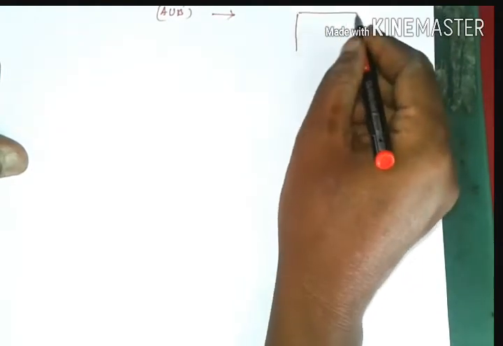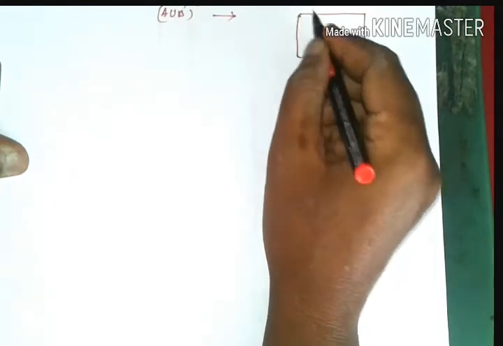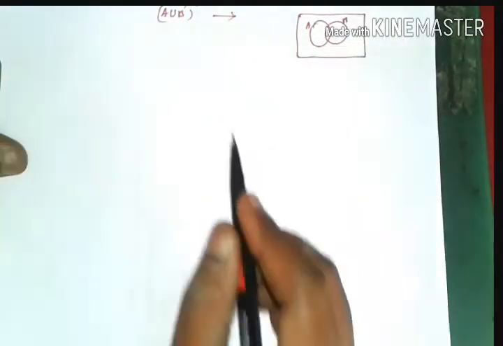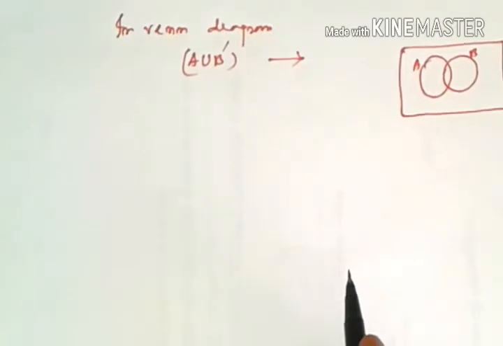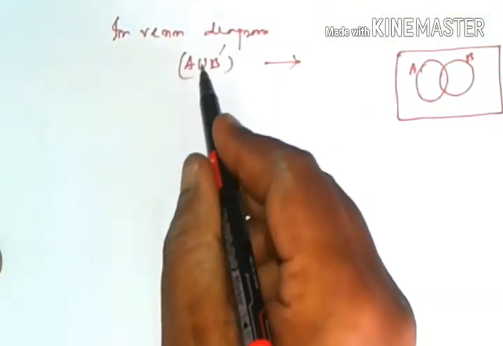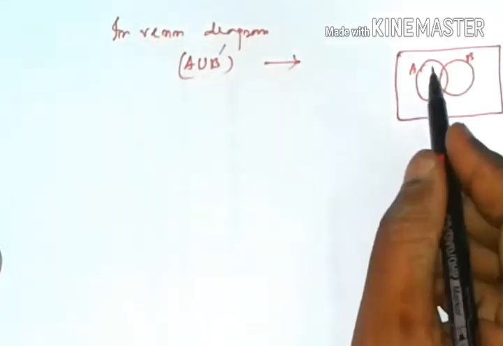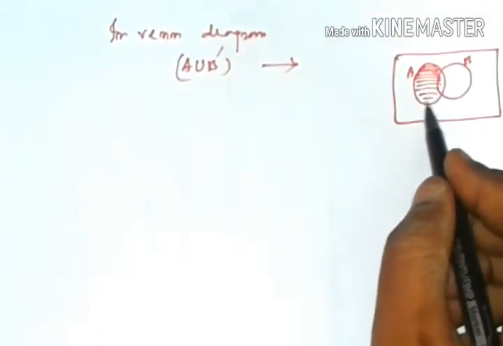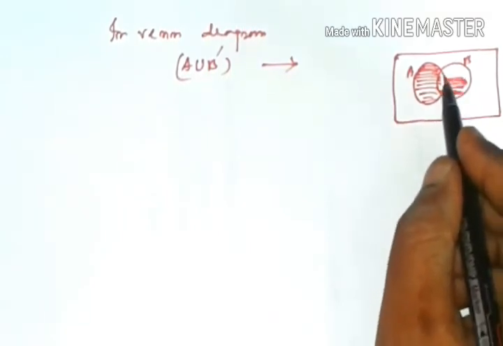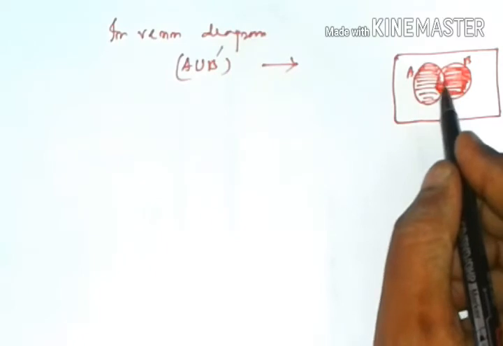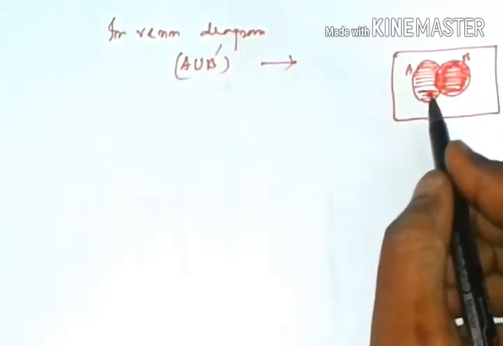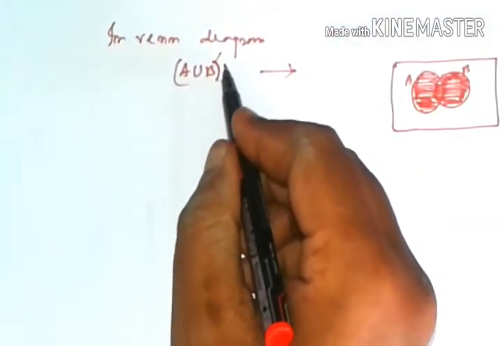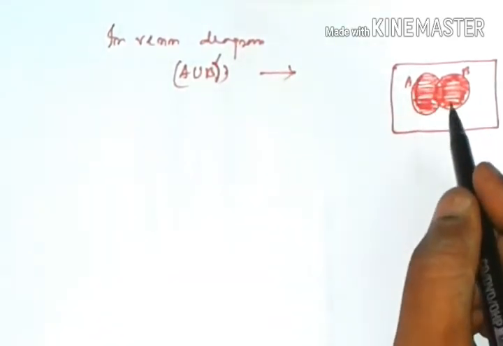If we draw a diagram here, this is A, this is B. A union B means this portion is A union B. Now (A union B) dash means except this portion.